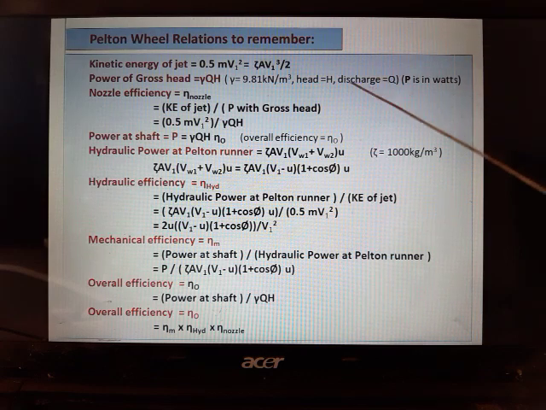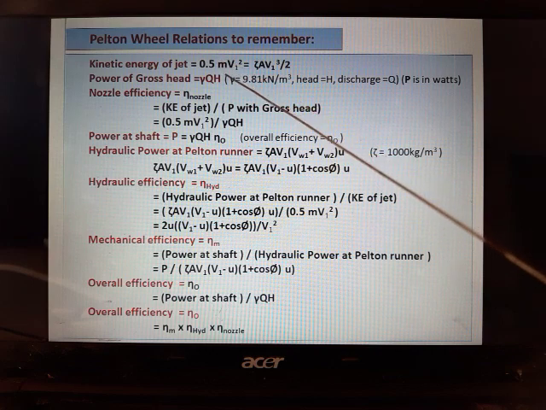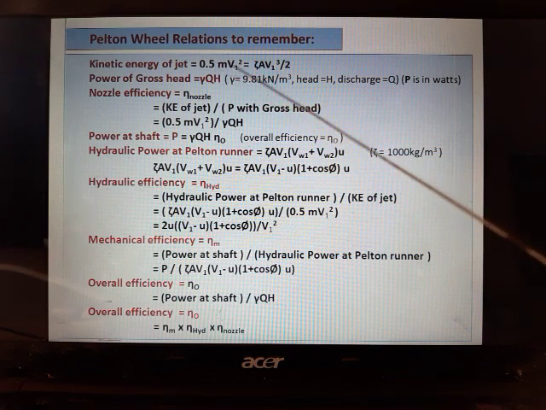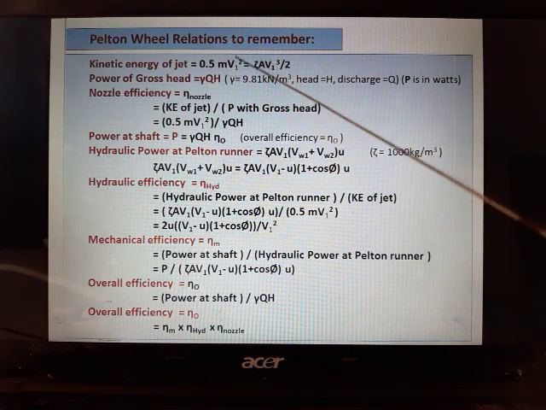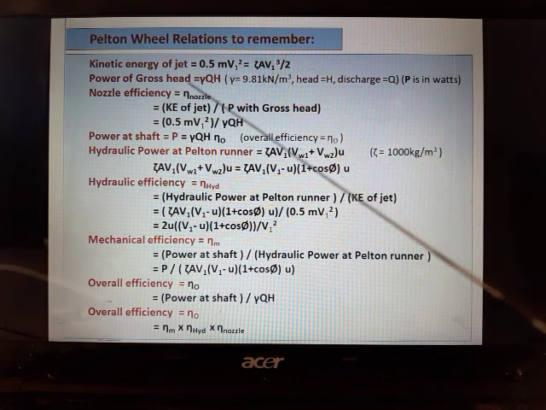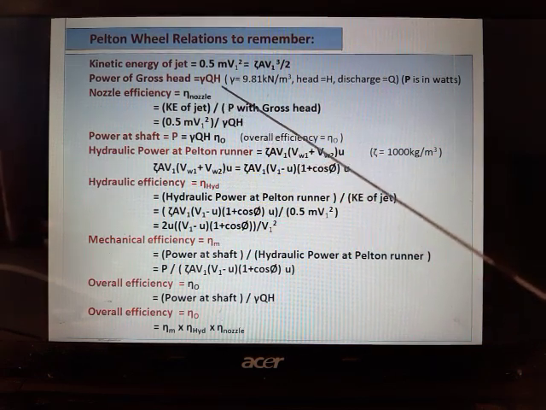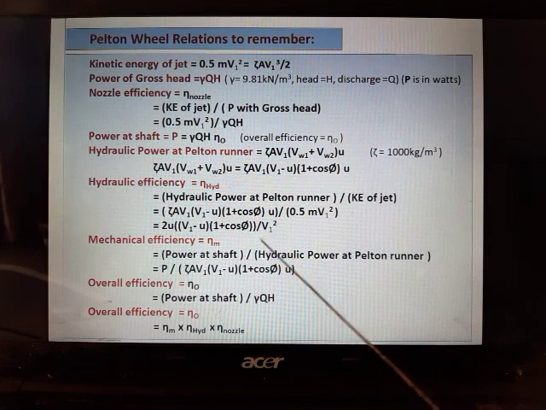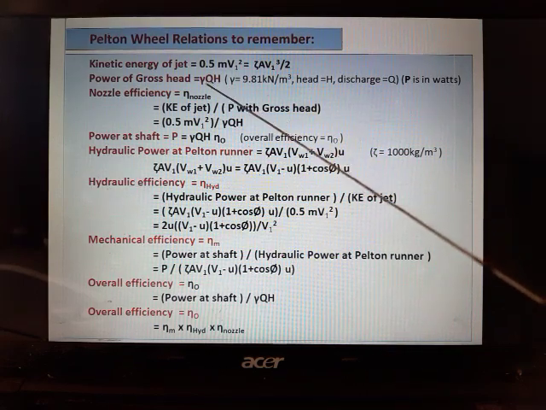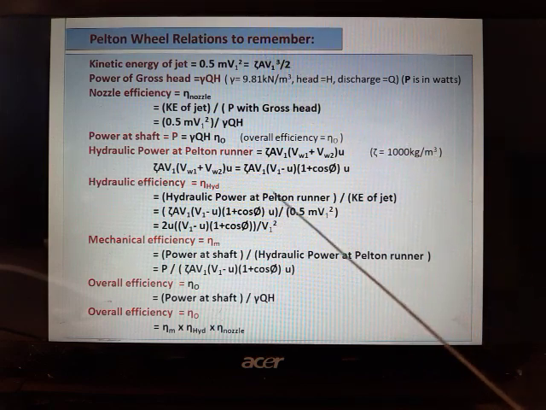We'll go through them quickly. Kinetic energy of the jet is half m v squared, in which m is the mass rate of flow, rho a V1, multiplied by V1 squared, that is rho a V1 cubed divided by 2. Power of the gross head is simply gamma QH. H is the standing head, Q is the discharge, gamma is the unit weight of water.